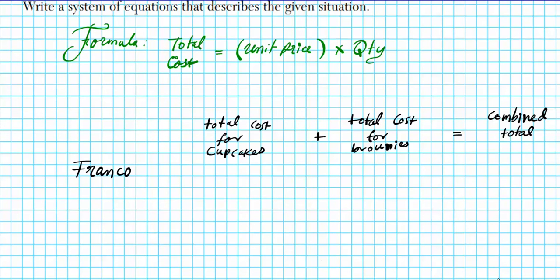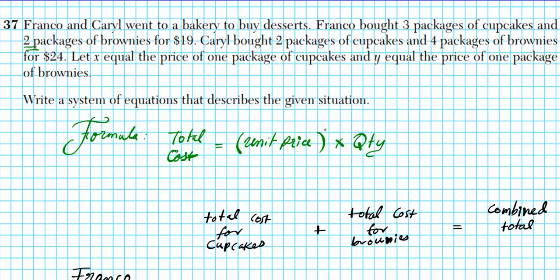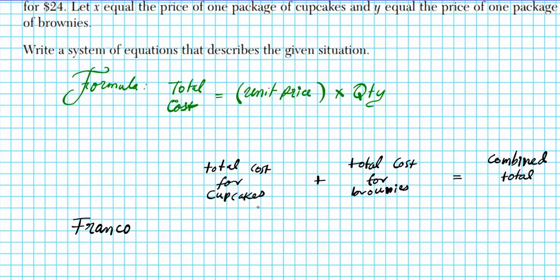All right, in the case of Franco, the unit price for cupcakes is x, and she bought 3 packages of cupcakes. So what's the total for cupcakes? It's going to be the unit price times quantity. Or you can just write it as 3, the total number of cupcakes she bought, times the unit price of x. That's how much she spent on cupcakes.